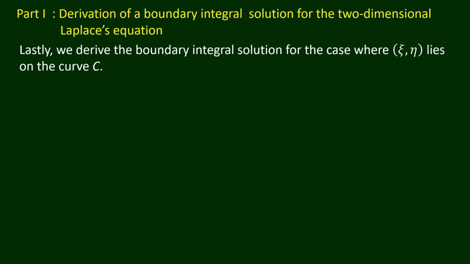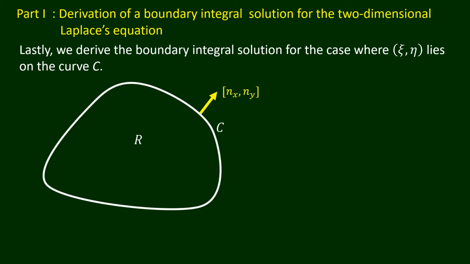Lastly, we derive the boundary integral solution for the case where the point (xi, eta) lies on the curve C. The fundamental solution capital Phi is not well defined at the point (xi, eta). To apply the reciprocal relation, we modify the boundary C and the domain R to exclude the point (xi, eta) on the boundary.